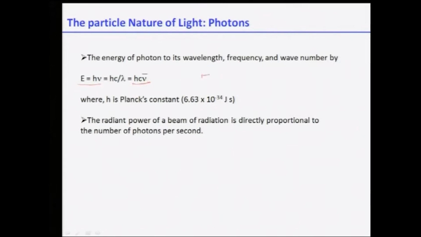This is what we normally use, hc nu bar is the energy. So if we know nu bar, the wave number, we can calculate the energy, and we know that h is the Planck constant with a value of 6.63 times 10 to the power minus 34 joule second. The radiation power of any beam, whether it is electromagnetic, X-ray, gamma ray or even a laser beam, is directly proportional to the number of photons per second.